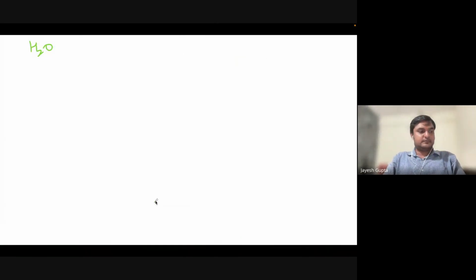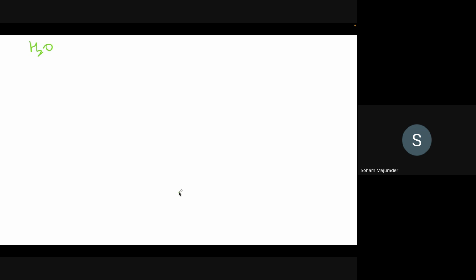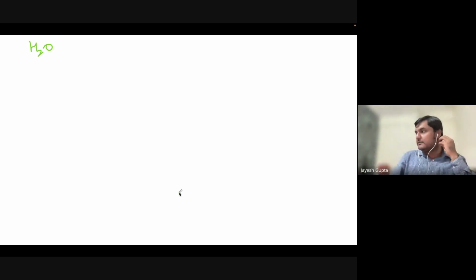Okay, tell how you have done water. So it is a sigma bond between 2py and 1s and 2pz and 1s. Okay, tell step by step how you have done.